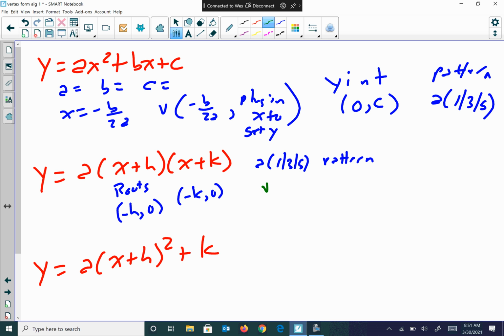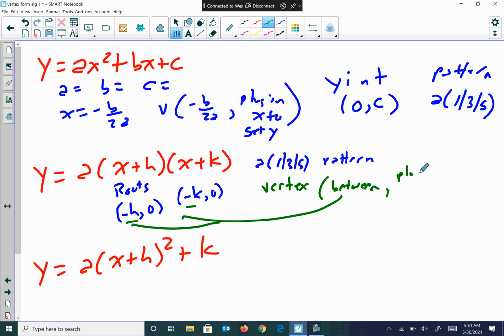We know that the vertex is between these values. And then plug in x for y. Right? We've talked about that. That's everything about that.